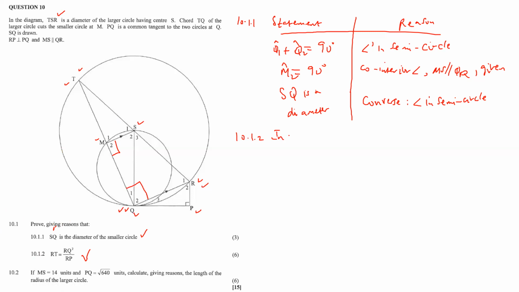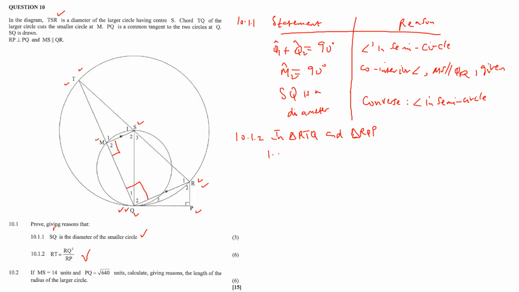So here, to prove that RT equals RQ squared over RP, we say that in triangle RTQ and triangle RQP, we make a couple of observations.